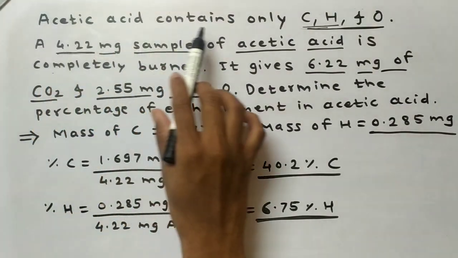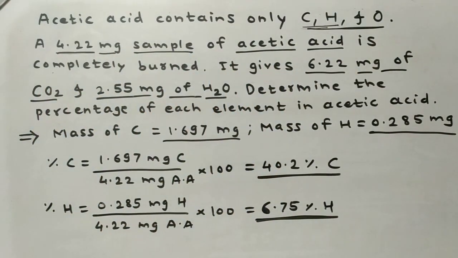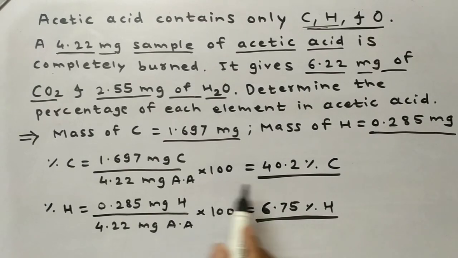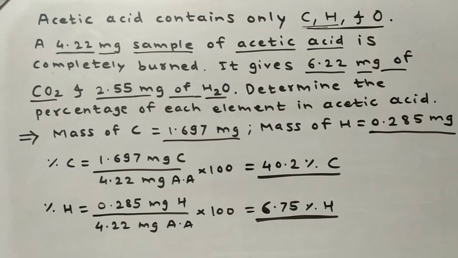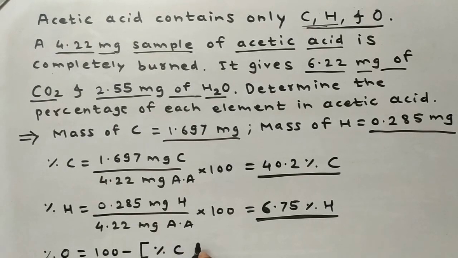Now we have the percentage of carbon and the percentage of hydrogen, and in the problem it is said that acetic acid contains only carbon, hydrogen and oxygen. So from these percentages we can determine the percentage of oxygen. So let's see how we can do that. The percentage of oxygen equals 100 minus the percentage of carbon plus the percentage of hydrogen.